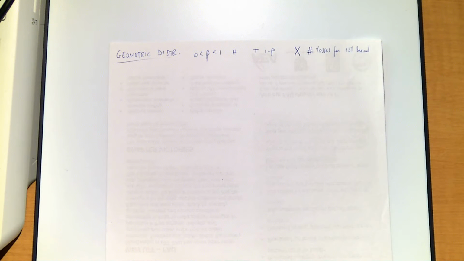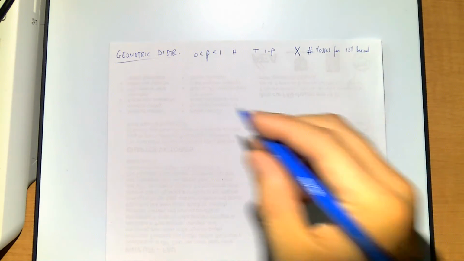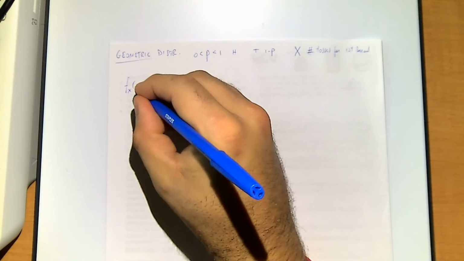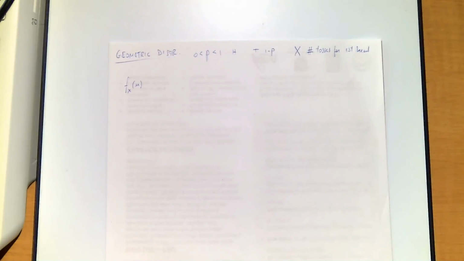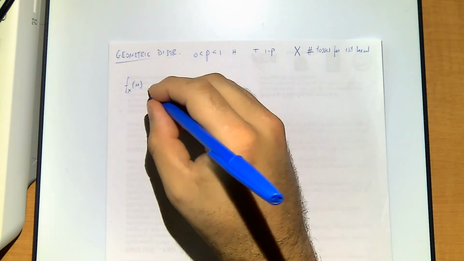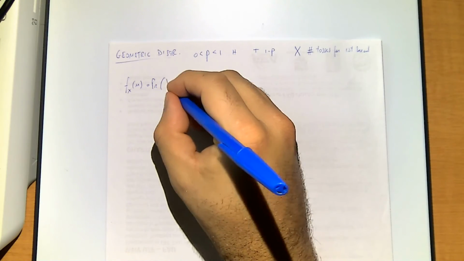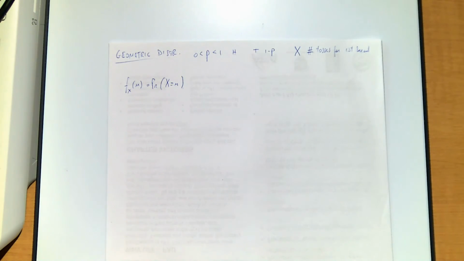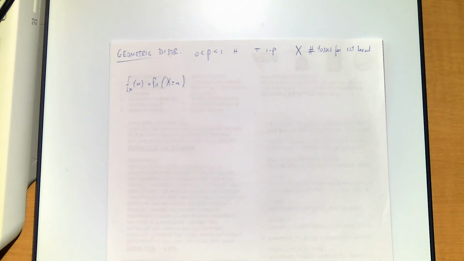It could take even a ridiculously long number of trials before I get the one head. So now the density function in this case is calculated in this way. For f_X of n, this is the probability that x is equal to n. So this is counting what's the chance of me having to toss n times before I get my first head.